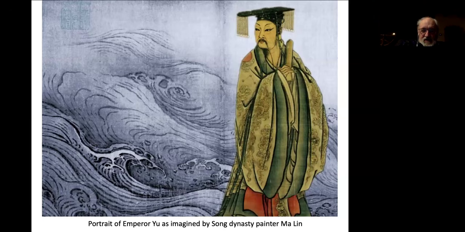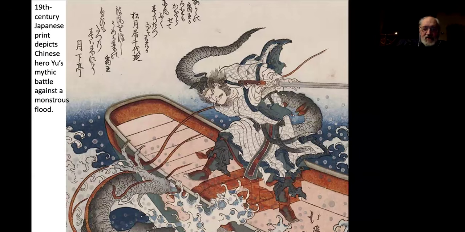And a somewhat mythical originator of the Chinese civilization and its empire, called Yu the Great, achieved his status because of his ability to control the massive floods that had affected the whole civilization. Here is a Japanese woodcut showing a depiction of Yu fighting against a monstrous flood in the shape of a dragon.